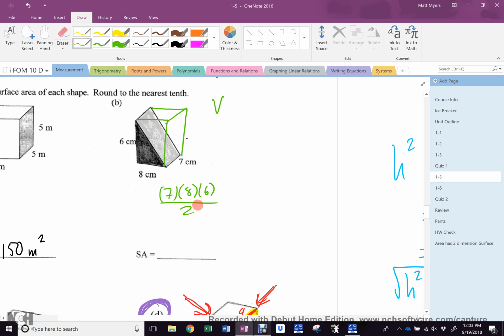Now, will that work with every single prism, or will it only work with a triangle prism? It will only work with a triangle prism that has a 90 degree angle, yes? Because if I give you this one, that kind of triangle prism, you can't do length times width times height, can you? Why? Because you don't have a width or a height.